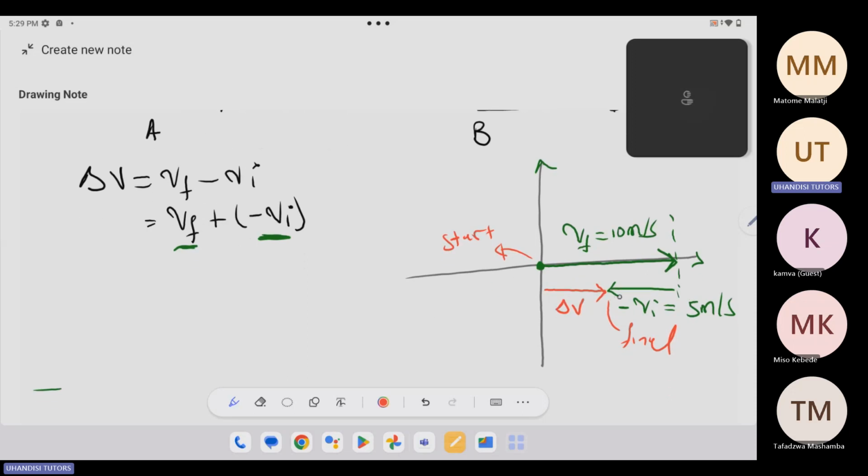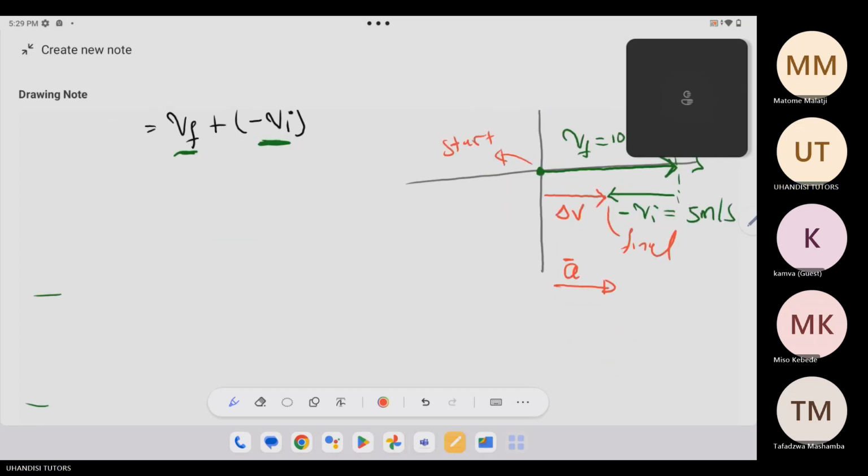So now, since my change in v is pointed towards the right, it means that the object is accelerating towards the right. Now, a couple of pointers here. What you need to understand is that if the motion of an object is in the same direction as your acceleration vector, that simply means that the object is speeding up. You can get this in your exam or in the multiple choice.